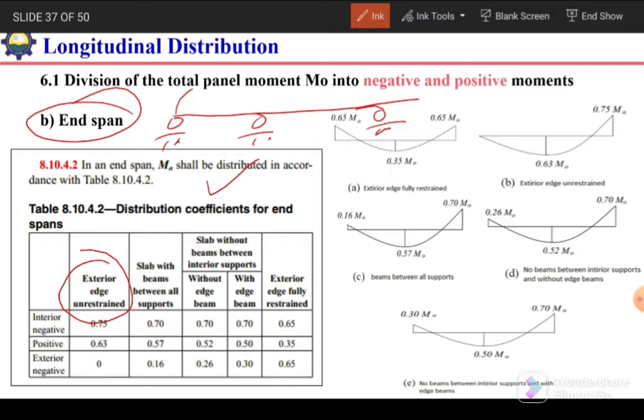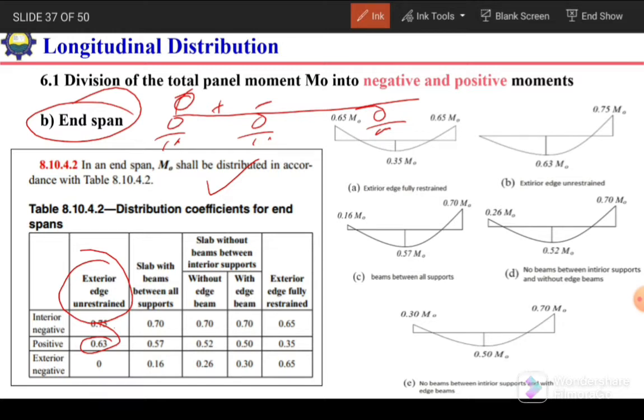So in that case, interior negative moment will be 0.75 at this point, positive moment at the center will be 0.63 and at this point the moment will be 0. As we know, at unrestrained point the bending moment is 0.